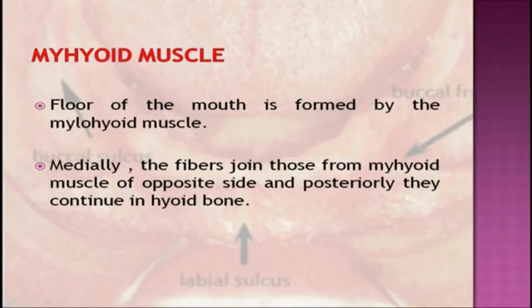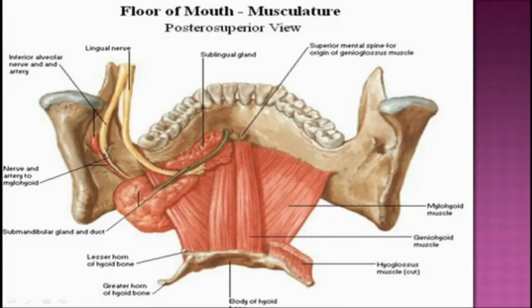The floor of the mouth is formed by the mylohyoid muscle, which arises from the whole length of the mylohyoid ridge. Medially, the fibers join those from the mylohyoid muscle of the opposite side, and posteriorly they continue to the hyoid bone.